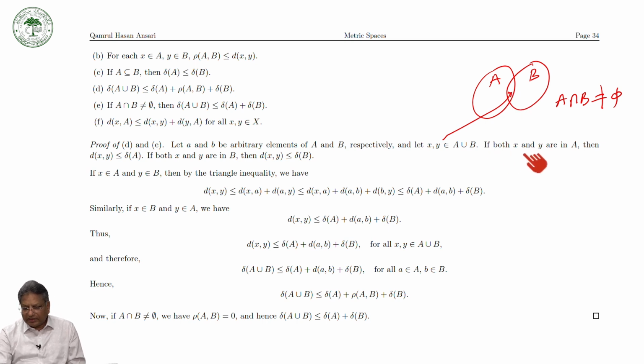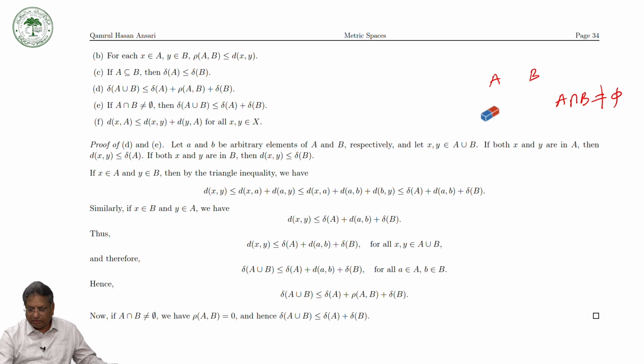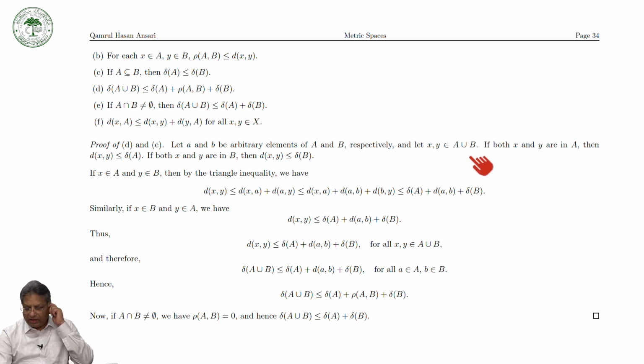We are taking x and y in A union B. So x can be in A or x can be in both, or y can be in A or B or in both.